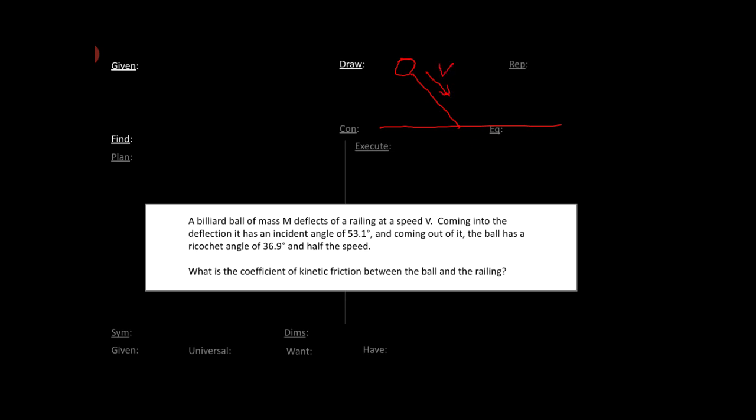So we've got the ball that's coming in at a speed v. That's normal, and it's going to come out over here at a speed v over 2. It's going to come out at half the speed. Usually the numbers that I'm going to use are there to make things simple. So you might ask, why did I use some horrible number like 53.1 degrees here and another equally horrible number, 36.9 degrees?